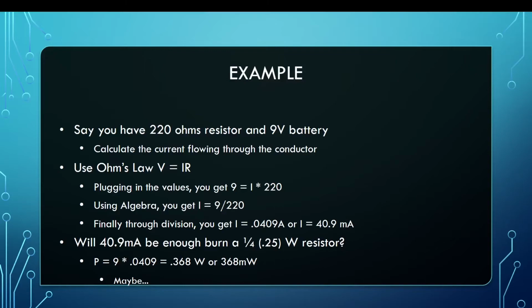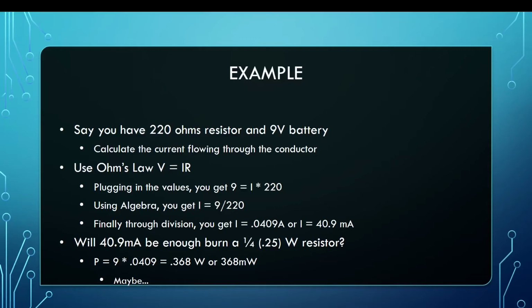Will 40.9 milliamps be enough to burn a 1/4 watt resistor? You use power, and power is V times I. If you don't know that, check out my voltage and current tutorial in the Electronics 101 series. It's going to be in the card above or linked in the description.